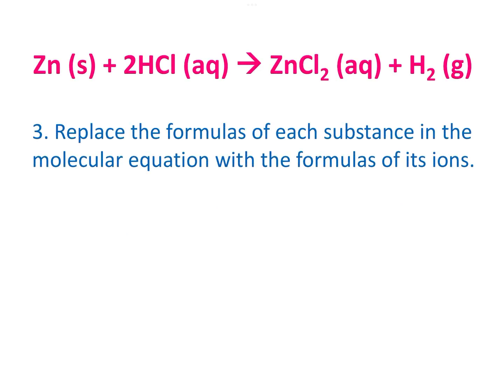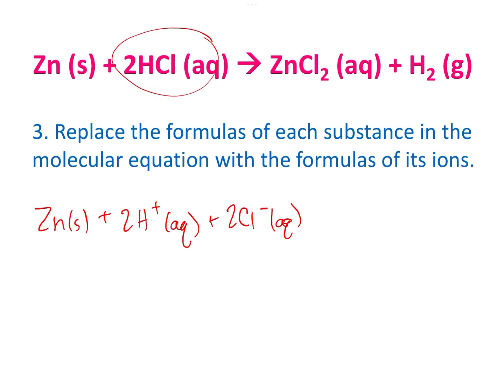Now replace the formulas of each substance in the molecular equation with the formulas of its ions. So instead of writing 2HCl, we're going to write 2H+ and 2Cl-, aq, as this is going to be broken up into that. Then we have the zinc chloride, which was Zn2+ (aq) and 2Cl- (aq).